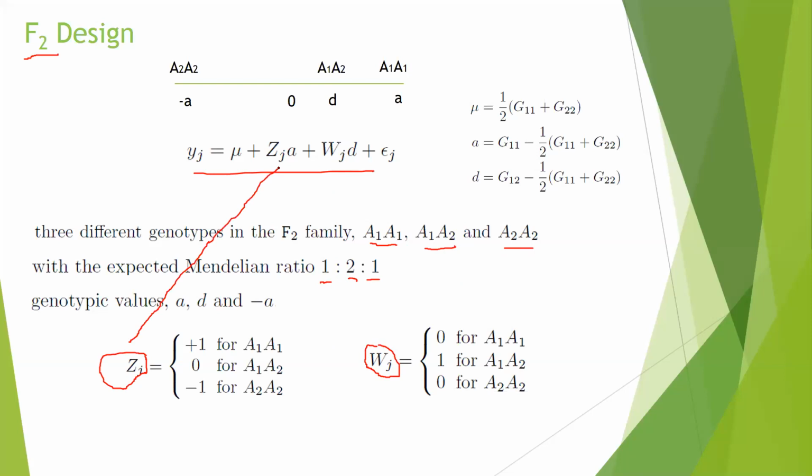One is used for the additive effects, the other is used for the dominant effects. Only the homozygous individuals have the additive effect, so you see +1 and -1 here. For the heterozygous, there's no additive effect, so 0. For the dominant effect, only the heterozygous genotype has it, not the homozygous, so conventionally we put 1 for the heterozygous and 0 for the homozygous. This is how we design this linear model.